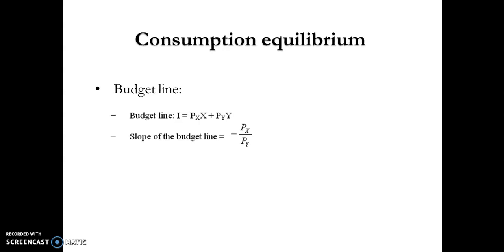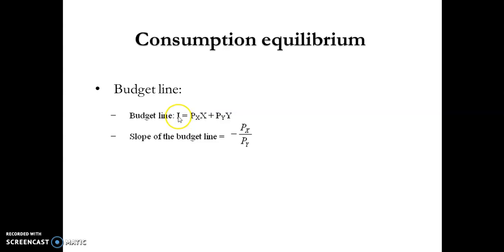So now, if the prices of the two goods we considered, X and Y, are PX and PY, where PX and PY represent the price of good X and the price of good Y respectively, and if the consumer has some fixed income, and here we're going to use the letter I to denote income, then the budget line can be given by this equation, right?